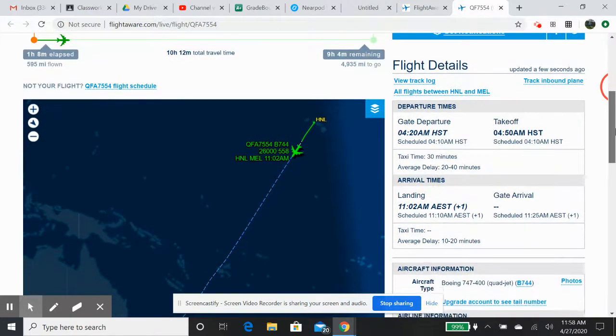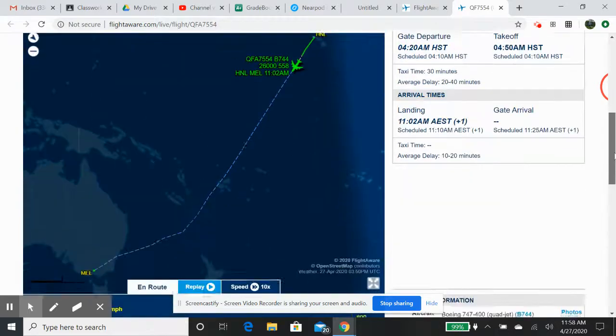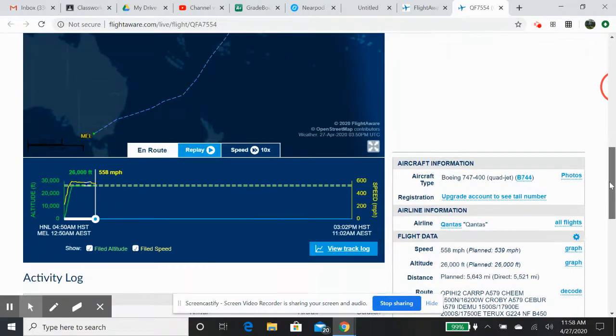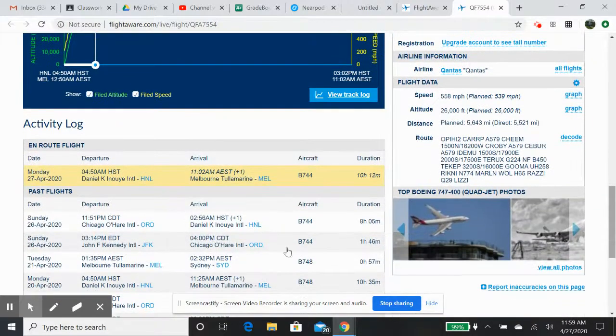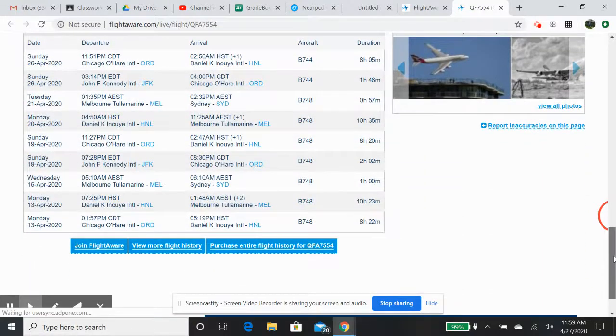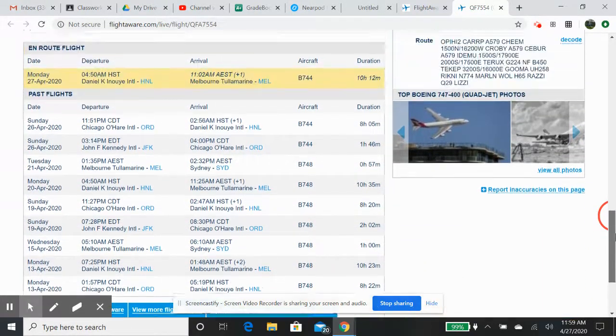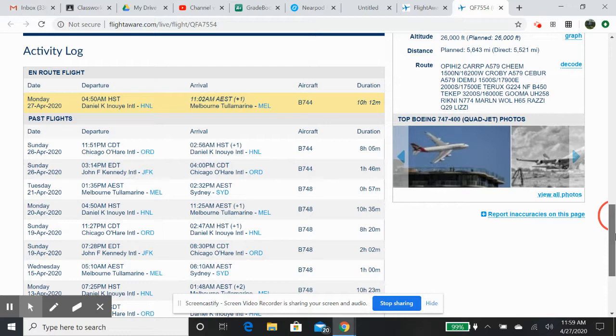So it's pretty interesting to look at some of this stuff that really shows their route, their arrival. Sometimes on some of these, like before, you could find the amount of passengers they had on there too.